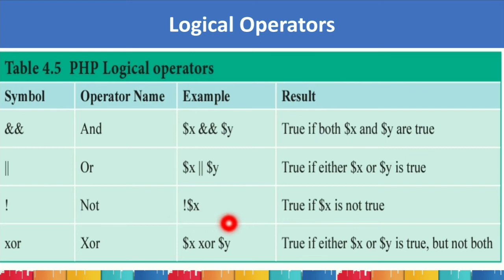In that case, our result will be true. So the two conditions should hold alternate values. If both are holding true or both are holding false, the final result will be false. So let's see with an example.